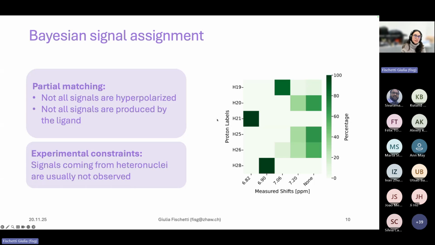And in the end, we end up with this matrix that displays the probability of matching a hydrogen in the molecule with a given measured shift, and it helps the scientists to get the most probable and most significant assignment.